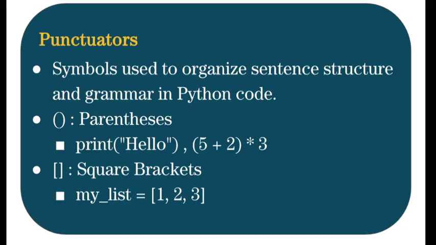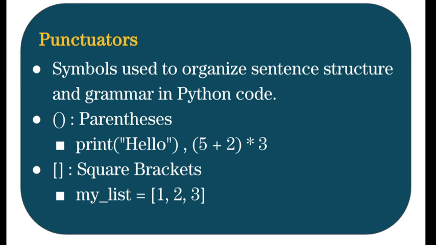Here, parentheses. In the print statement, we use parentheses to separate the message or information that we need to print from the keyword print. Square brackets are used for accessing characters in a string or list.